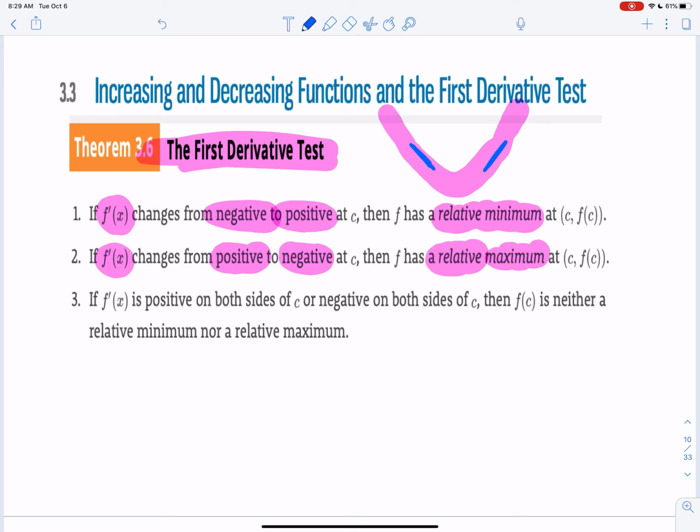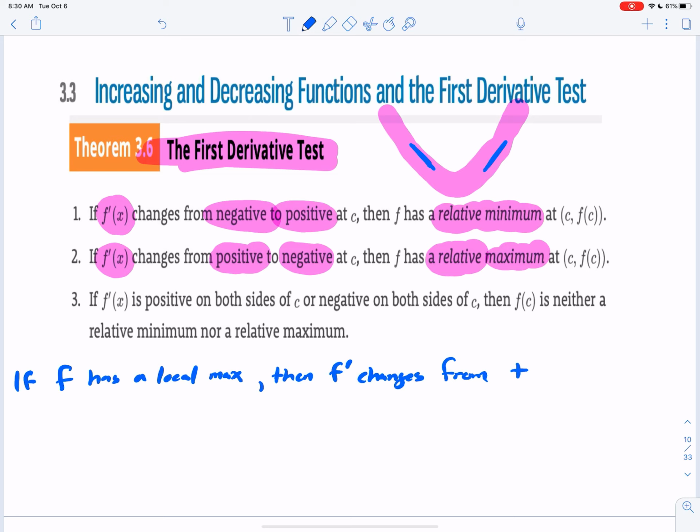Here's how I would write it if you guys want to copy me. If f has a local max, then f prime changes from positive to negative.